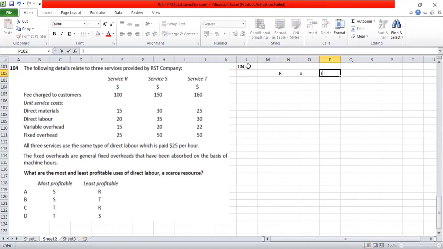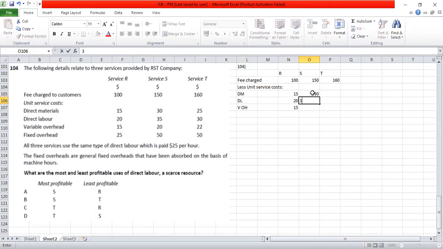We have products R, S, and T. The sales price is the fee charged. That's the source of revenue. So this is 100, then 150, then 160. From this list, under unit service cost, first we have direct material, then direct labor, then variable overhead: 15, then 20, then 15.